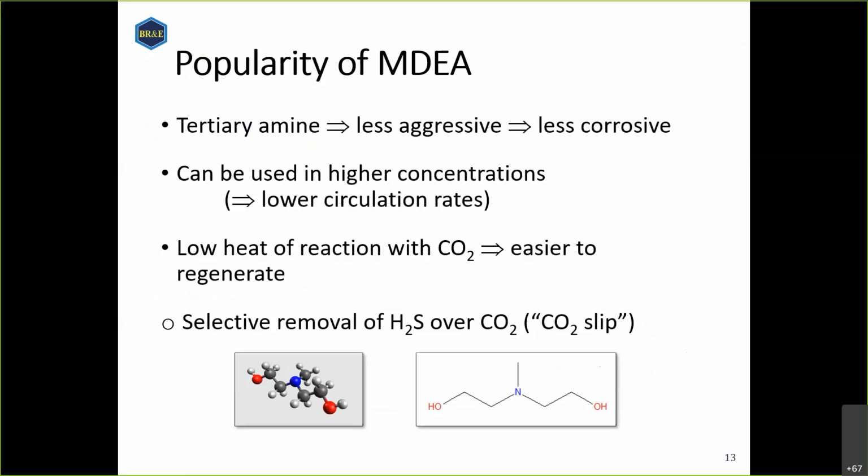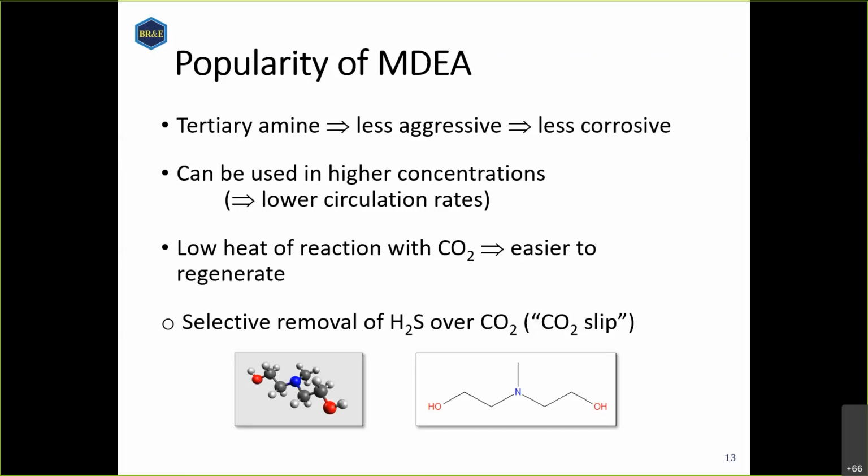I've mentioned a few times that MDEA is a popular amine, and the reason for that is simple. It's a tertiary amine, which means that it's less aggressive and less corrosive. The primary amines like MEA tend to be very, very corrosive, especially the loaded solvent, so you have to operate them at low loadings.